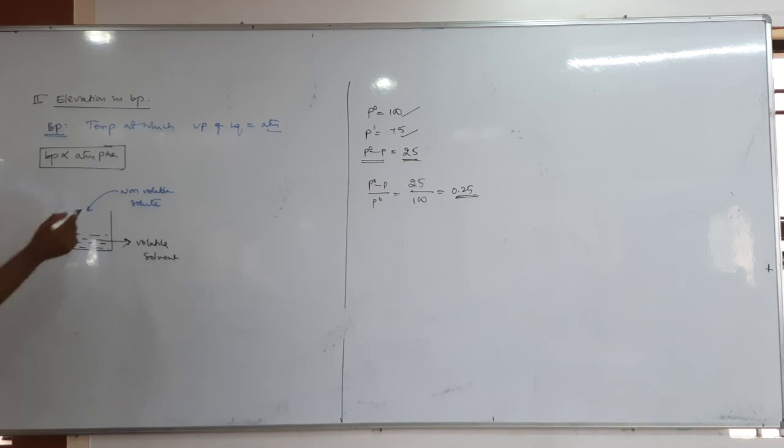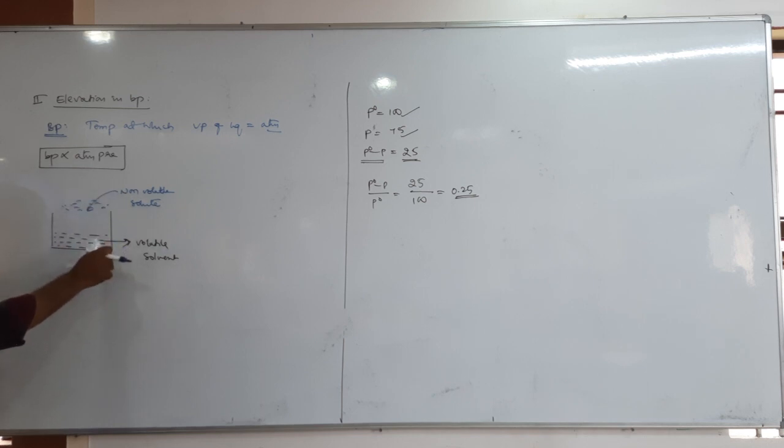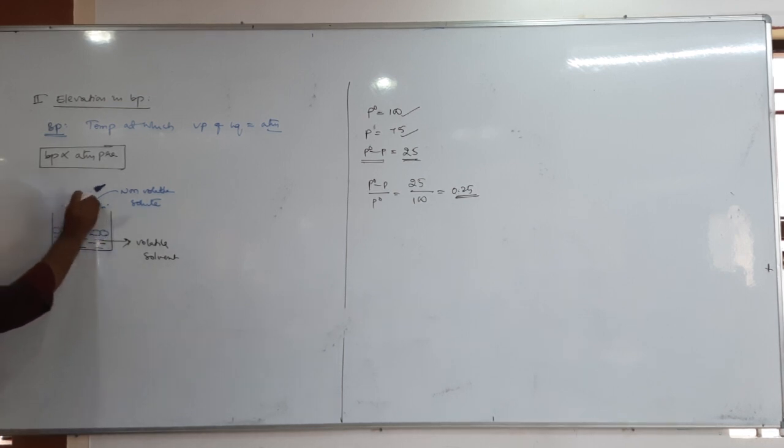When a non-volatile solute is added to a pure volatile solvent, what happens here? Vapor pressure decreases, no? Why does the vapor pressure decrease? The same reason: some of the solute particles occupy the surface of the solvent. As a result, solvent molecules escaping into the vapor phase decrease, therefore vapor pressure decreases.